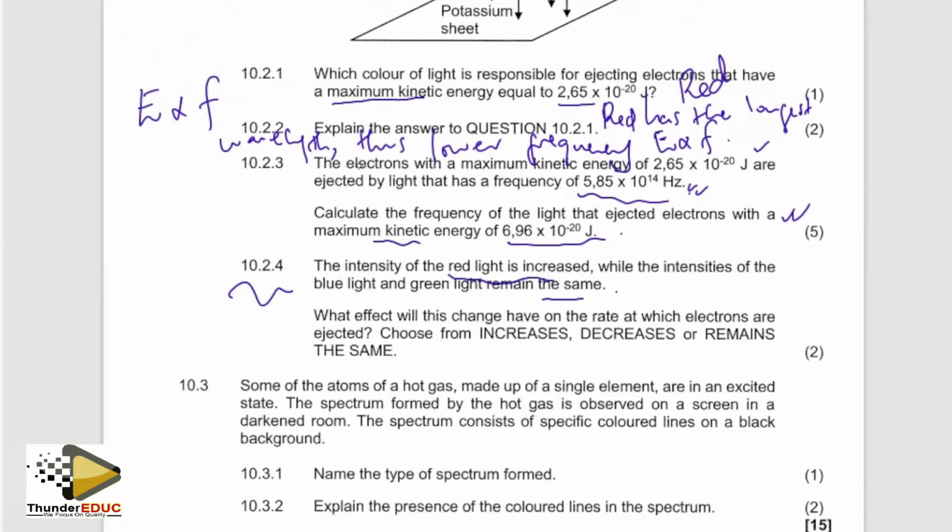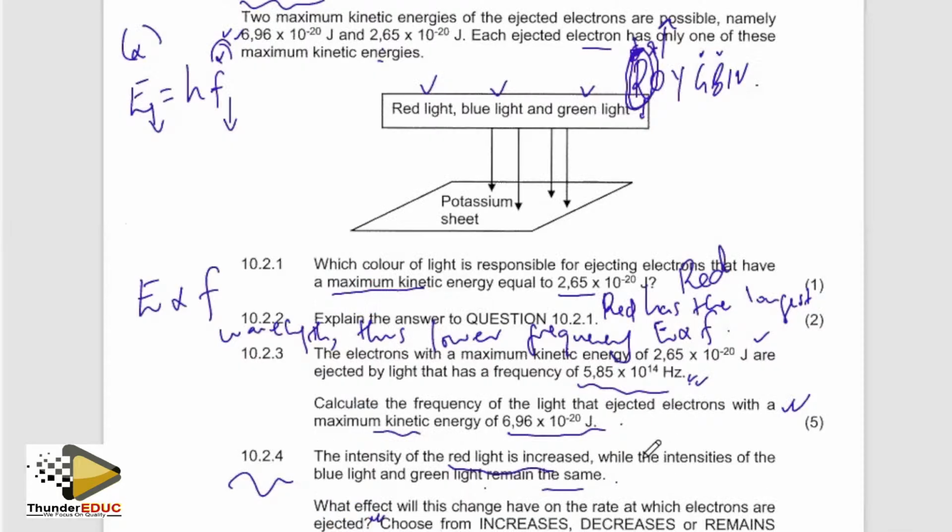What effect will this change have on the rate at which electrons are ejected? So what we can say is that when you increase the intensity, you're basically increasing the number of electrons that will be emitted from the metal surface.